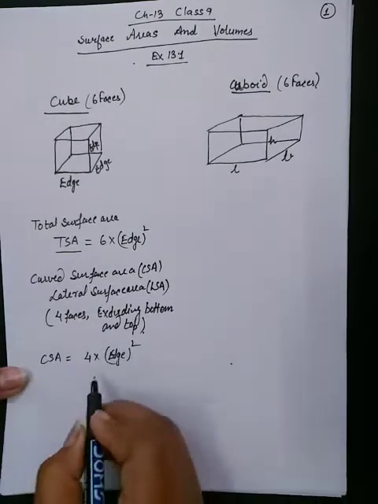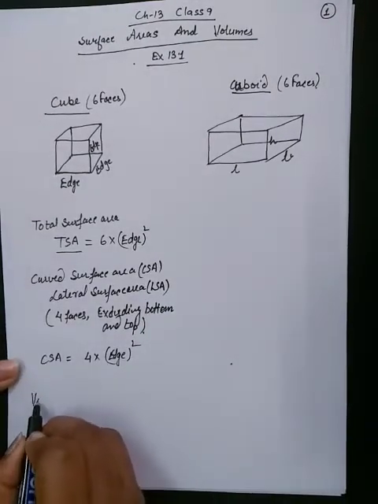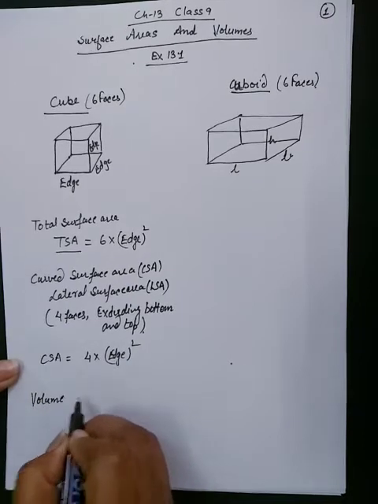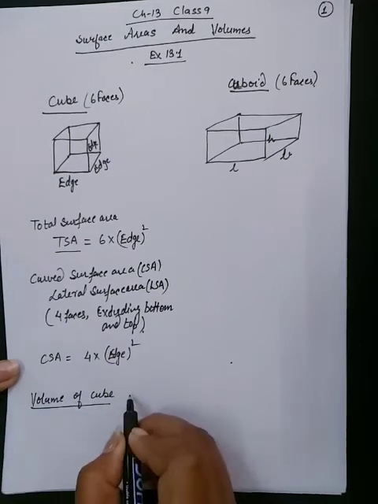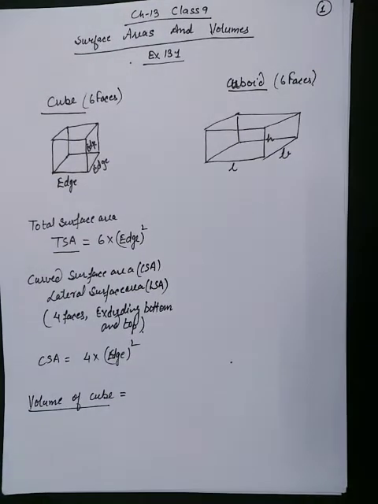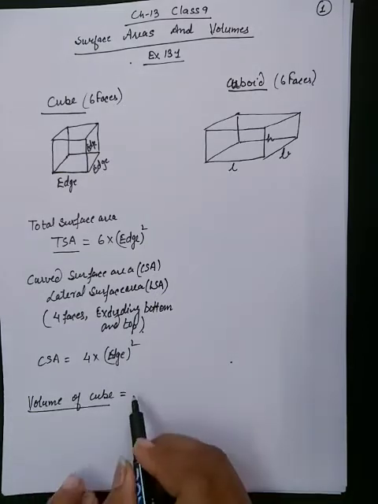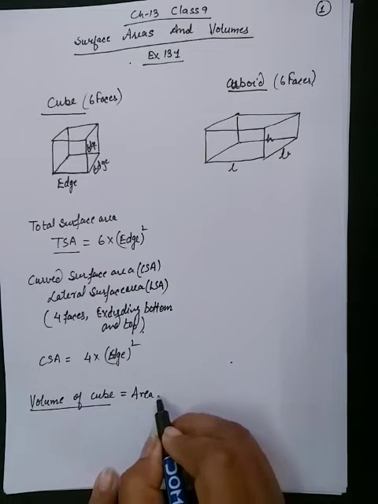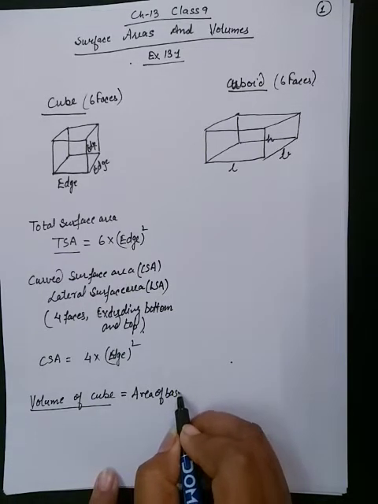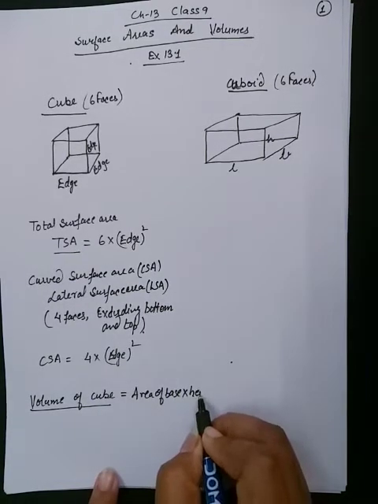Now next is volume of cube. Volume of a cube is the capacity held by it. So volume will be equal to area of base multiplied by height.